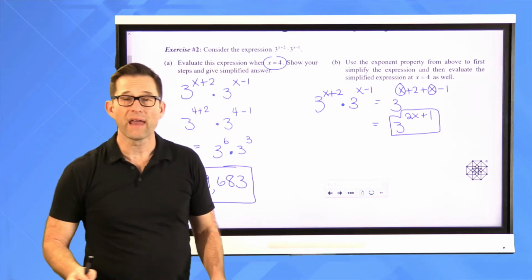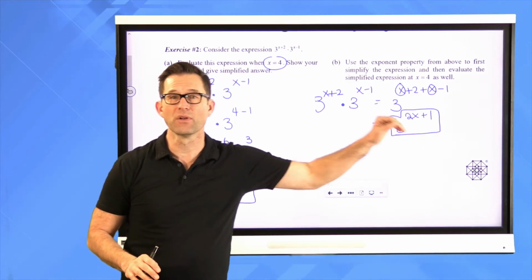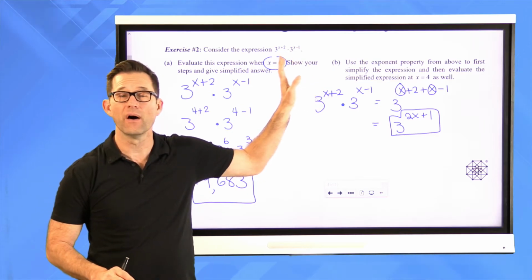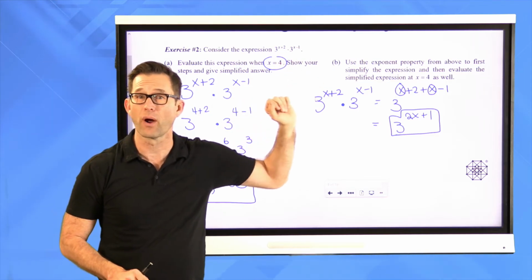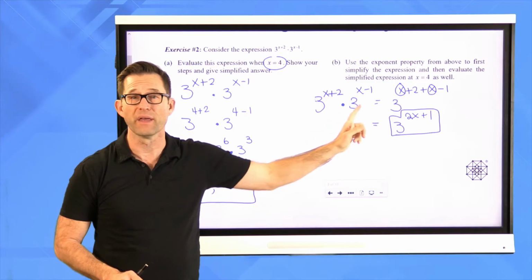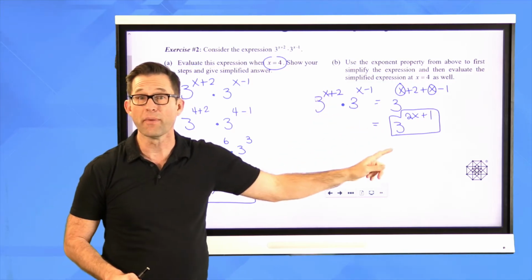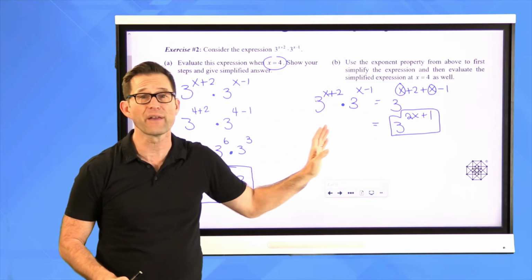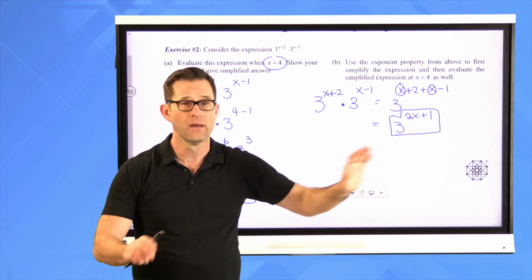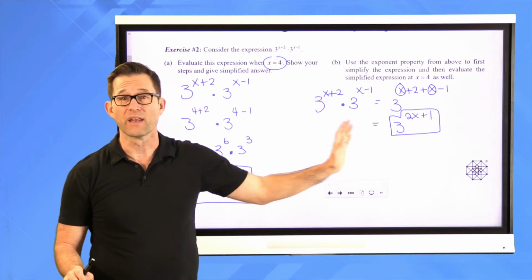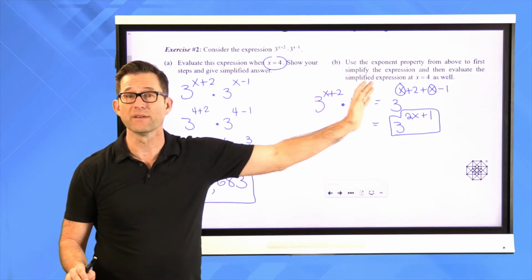So 3 to the 2x plus 1 would be the simplified version of this product when I use that exponent property. The exponent property said if the bases are the same, I simply leave the base alone and I add the two exponents. Notice I'm not doing like 3 times 3 and getting 9. I'm not doing that, right? I'm just getting 3 to the x plus 2 plus x minus 1.